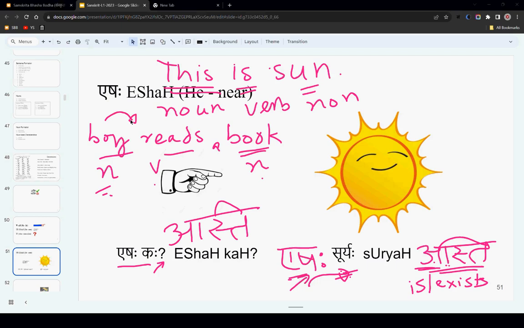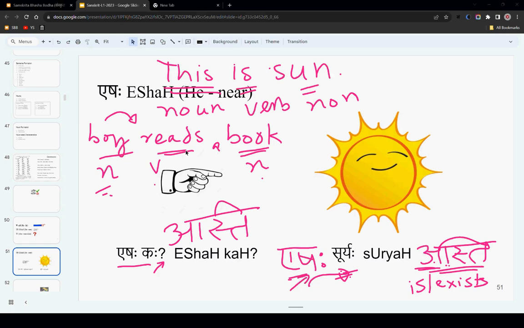What kind of relationship does each noun have with the verb? The verb is reads. Reads is the action word which indicates what action is performed in that sentence. It also has a kala, in what time, whether the action is performed in the present tense, past, or future.